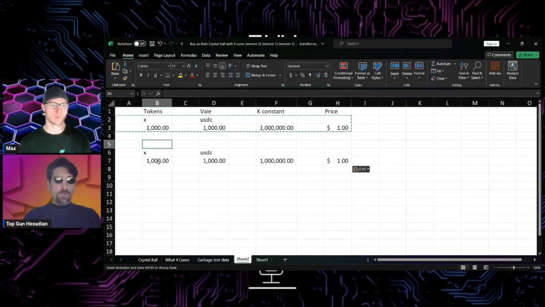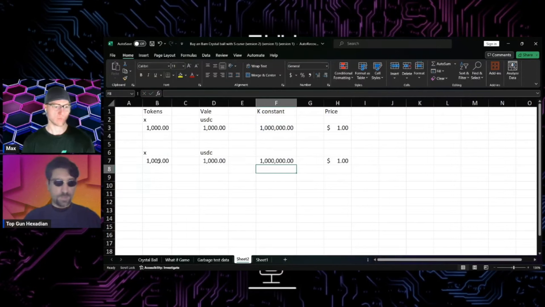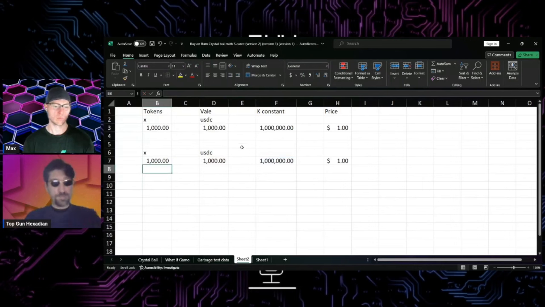So now what we're going to do here, our K number has to stay the same. So instead of just saying 1,000, we're going to change things around here a little bit. This is going to equal this K number above, so it doesn't change. The token number now is going to equal this number divided by this number, still 1,000. So all the numbers are still the same.